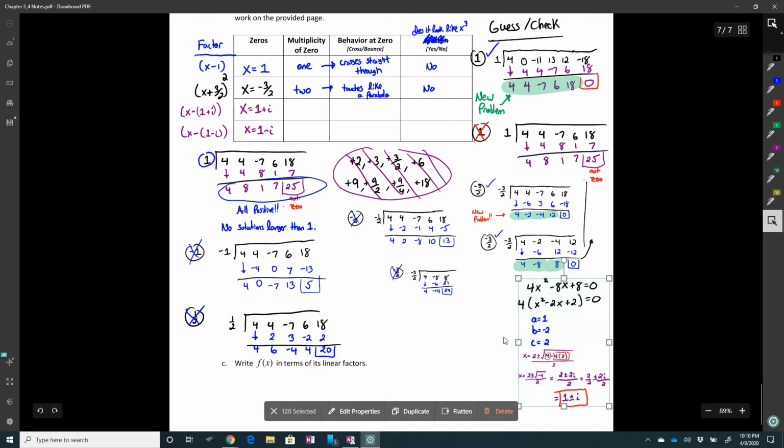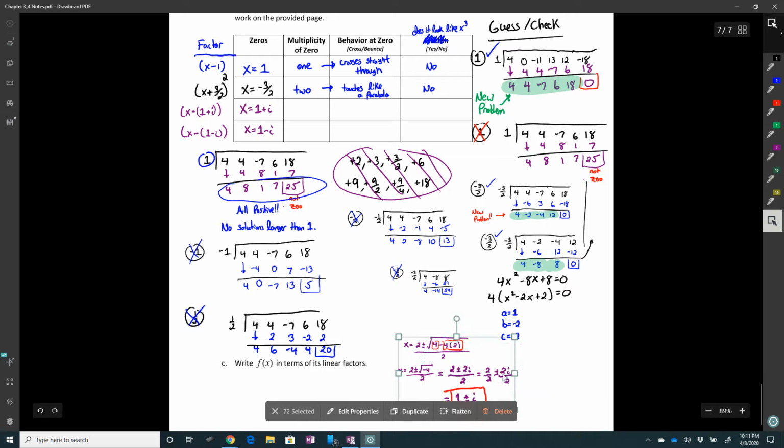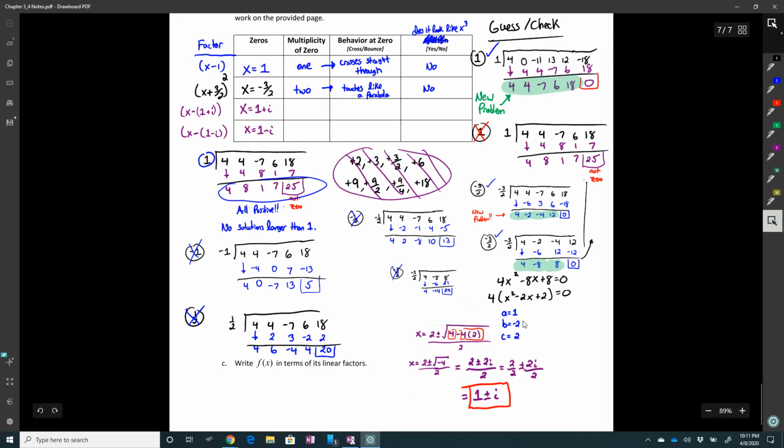Because I also wanted to make this a little bit bigger. Not that part. I wanted to make the quadratic formula part bigger, because it was all scrunched into that corner. Okay. I'll work on it later.